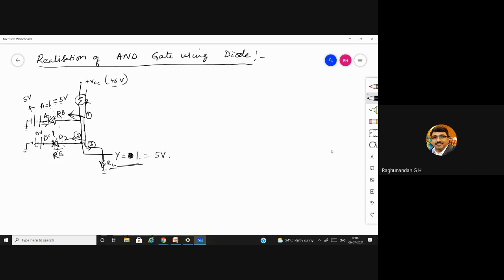There will be some drop across this resistance, so the current flowing in this direction will be greater than the current flowing in this direction. So this diode is going to be reverse biased because more current is flowing in this direction compared to this direction. Now the diode is reverse biased. When the diode is reverse biased, this becomes open circuited.